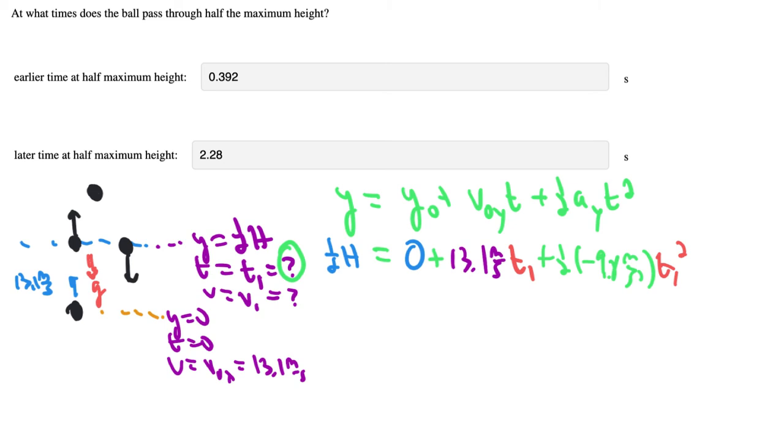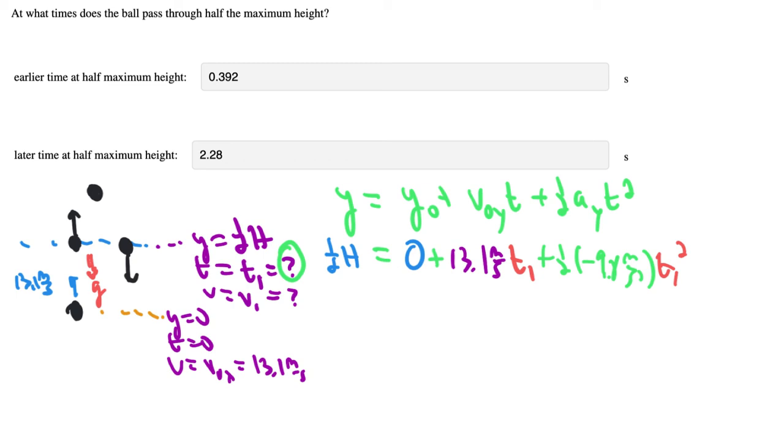And of course, we could compute 1/2 h because we have the answer from before. So 1/2 h is going to be 8.76 over 2. So this is going to be 4.38 meters.